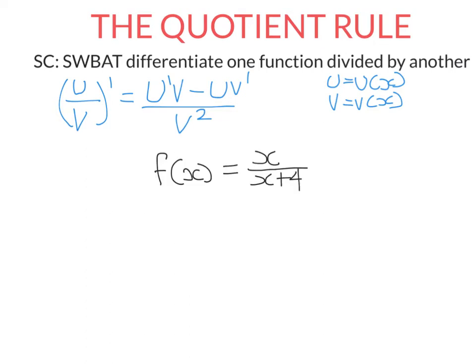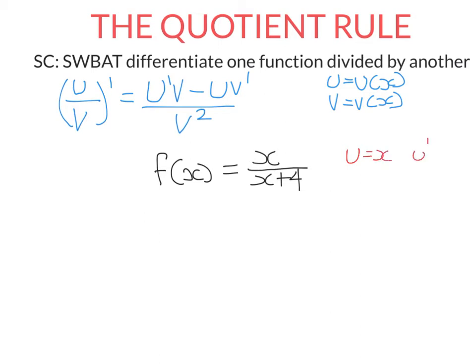So let's look at this function here, which is actually one function divided by another function. We actually did ones like this last year. You needed to use a bit of ingenuity, a bit of algebra. What we'd do is write it as x plus 4 on top, and then we'd subtract 4 over here. Now, you can do it that way, but this way is probably going to be easier. So u is the thing on top, which in this case is x.